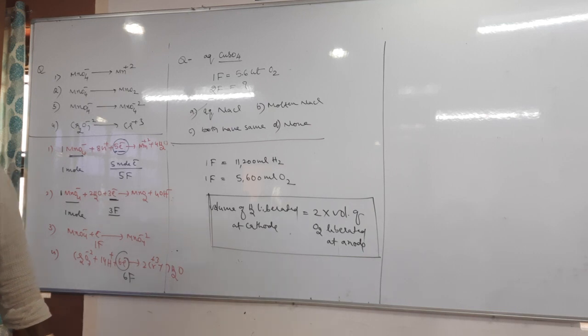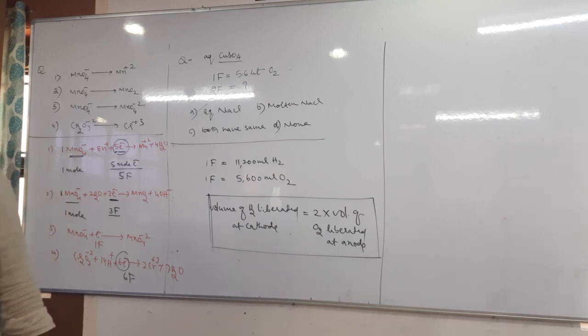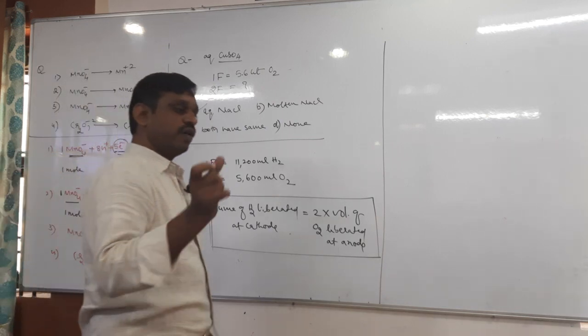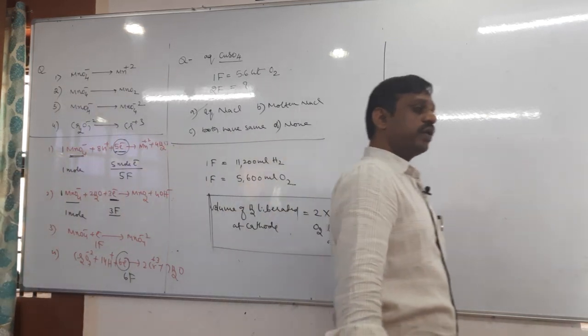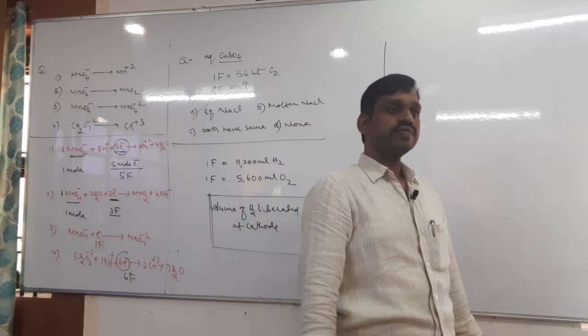What is the question? When the same quantity of electric current is passed through acidified water and aqueous NaCl, what is the ratio of the number of moles of hydrogen and chlorine liberated at electrodes? We want the ratio of hydrogen and chlorine.